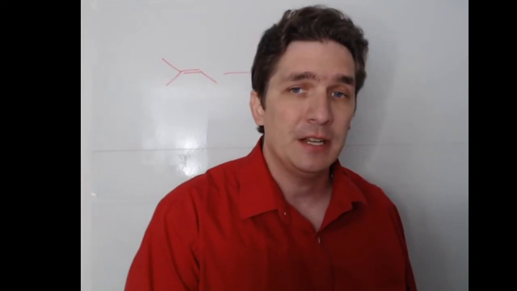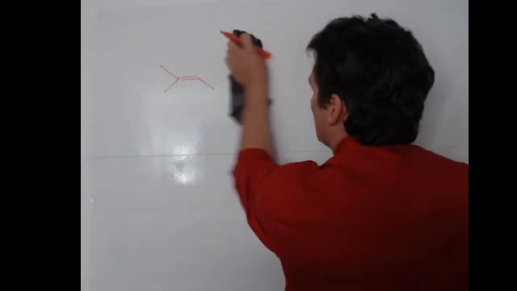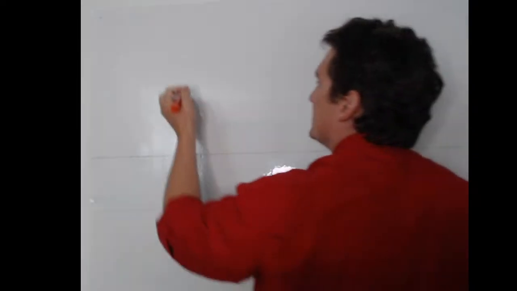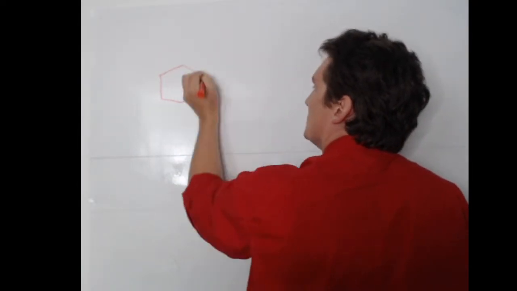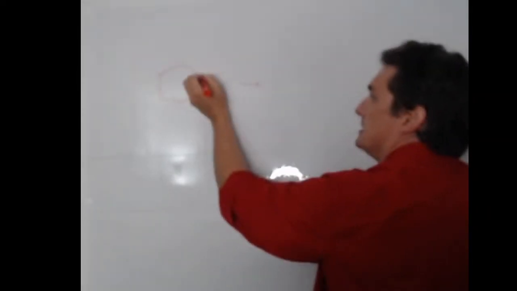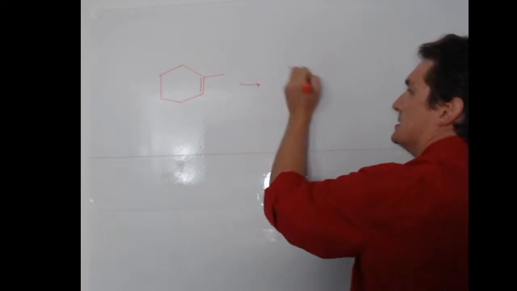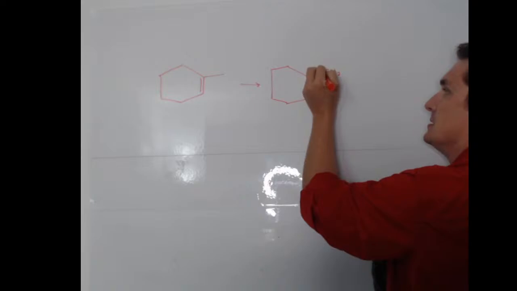It has more implications when you do ring chemistry, so that's more the point that needs to be driven home. If you have this compound here and you do hydroboration oxidation, the alcohol and the hydrogen get added to the same side, so whatever you finish up with needs to be a trans complex.